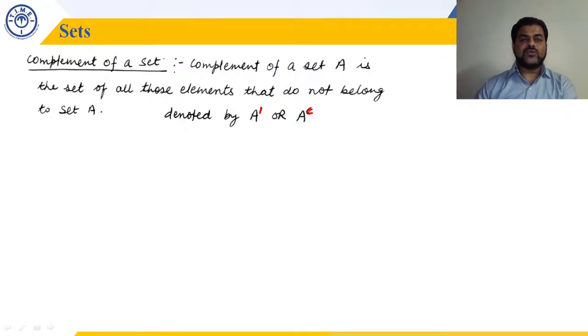So A dashed or A to the power c is known as A complement. This is how we denote the complement of A. We can also write the complement of set A as the universal set minus set A. All those elements of the universal set which do not belong to A. Universal set minus set A gives me A complement.